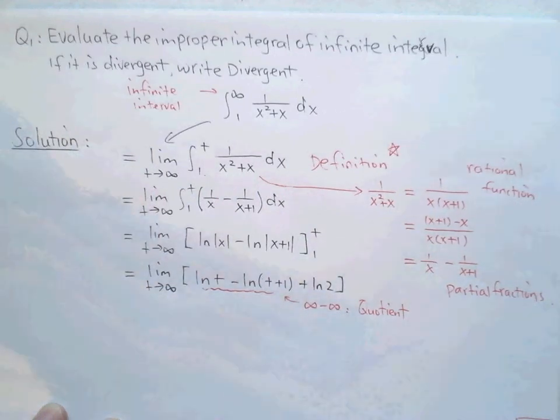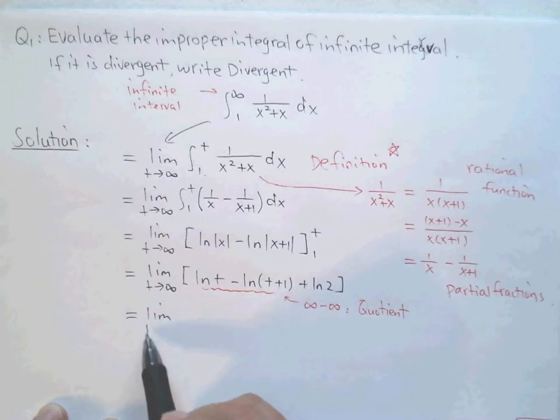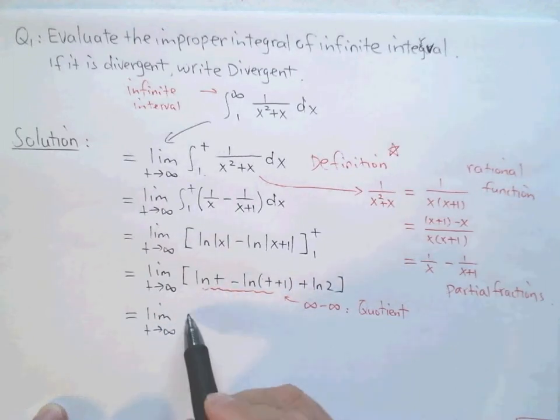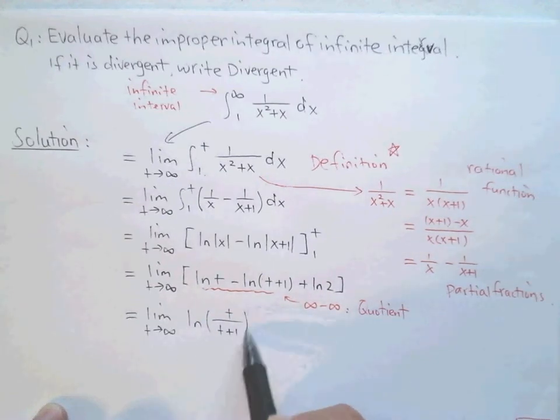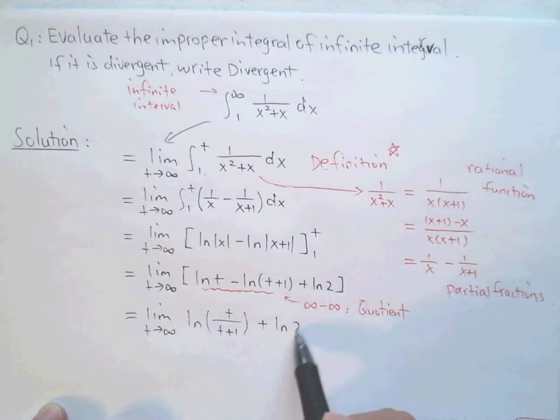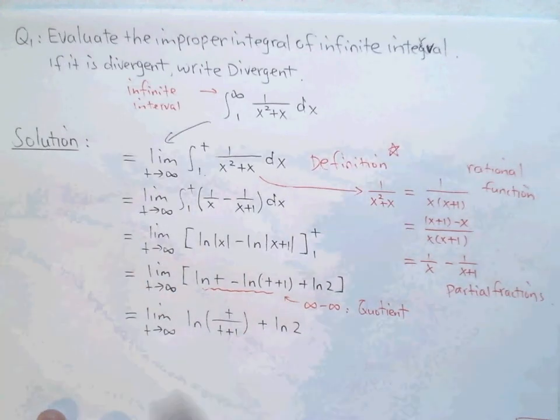If we merge them together, what is it? This is the limit as t approaches infinity of ln of t over t plus 1. The constant number, of course, is itself, so I put it here. Now, what do we need to do? Easy.